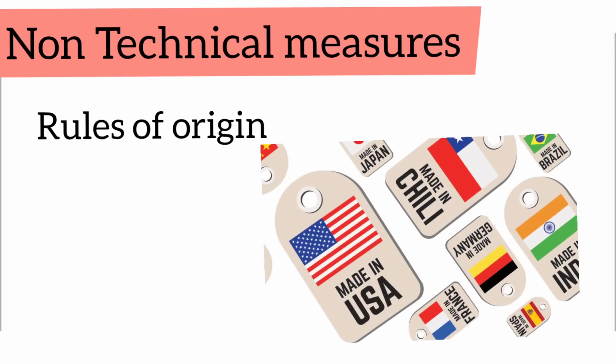Then is rules of origin. In rules of origin, sometimes if India and China are having like a cold war, there are a few products that you all know are banned from China, that cannot come into India from China.